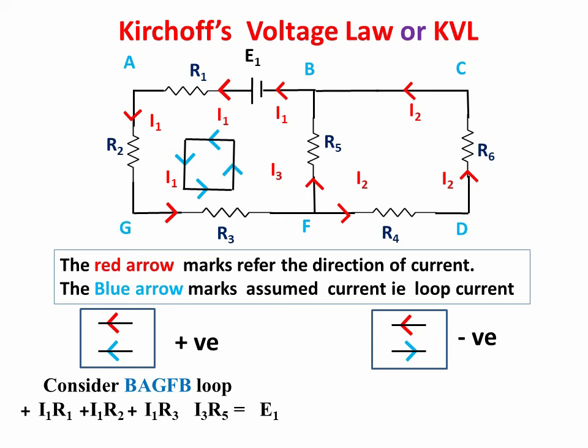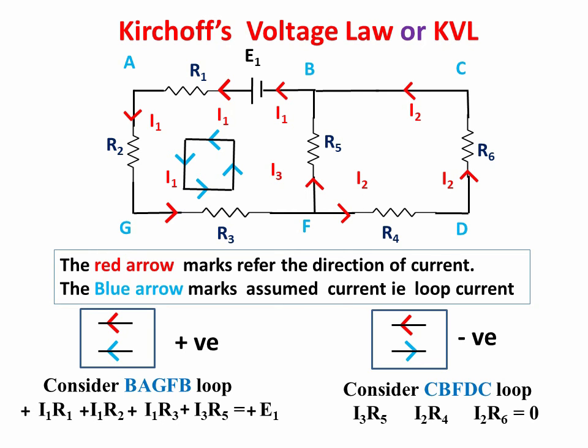Next, F to B, the blue arrow mark and red arrow mark are in the same direction, so you have to put plus. Then in the same direction the battery is there, so it's a plus E1. In this way you have to choose the plus and minus, depending on the arrow marks.